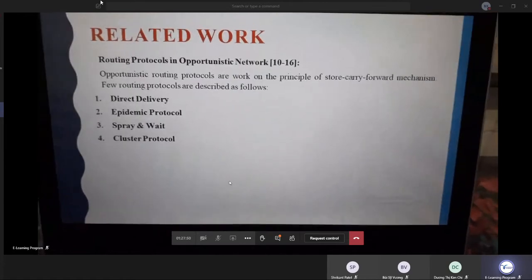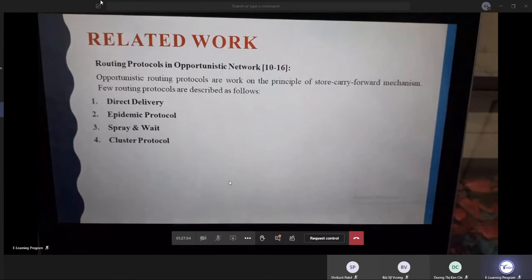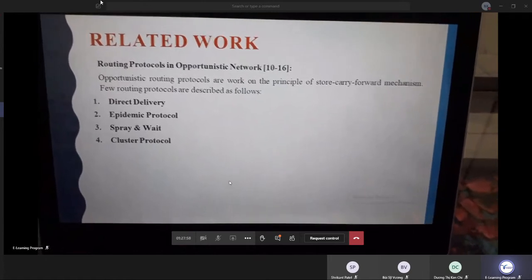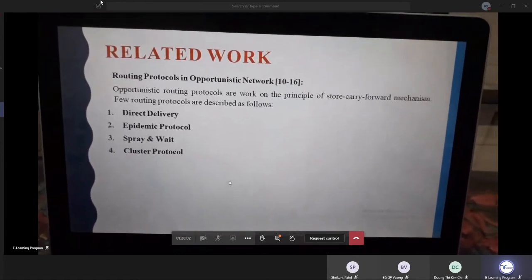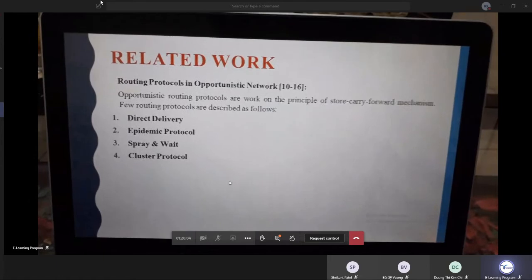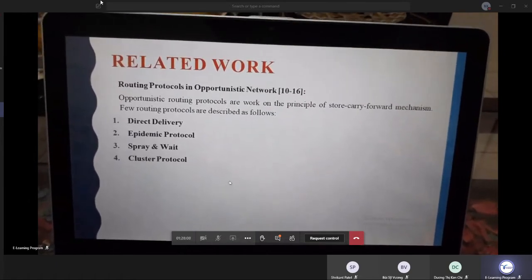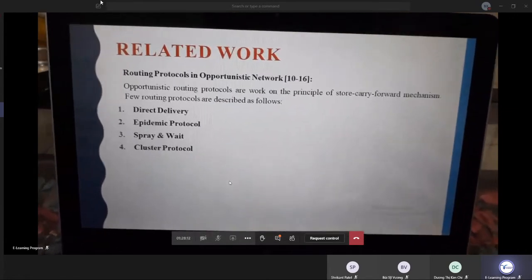The main objective of epidemic protocol is to reduce the delay and increase the message delivery. Consumption of bandwidth and memory is very low during transmission of the message from sender to receiver.